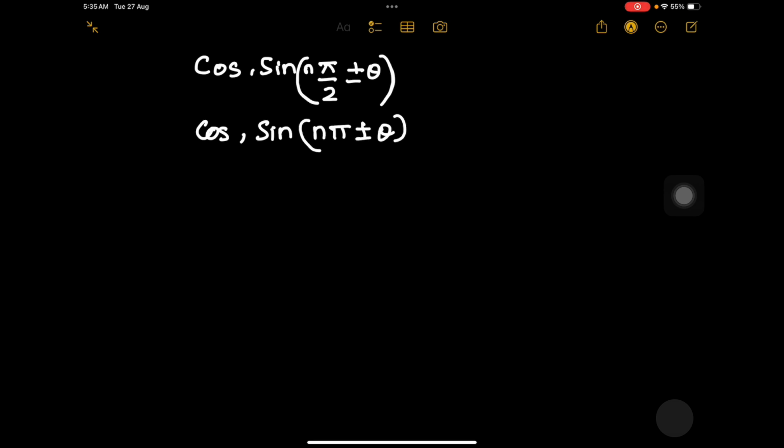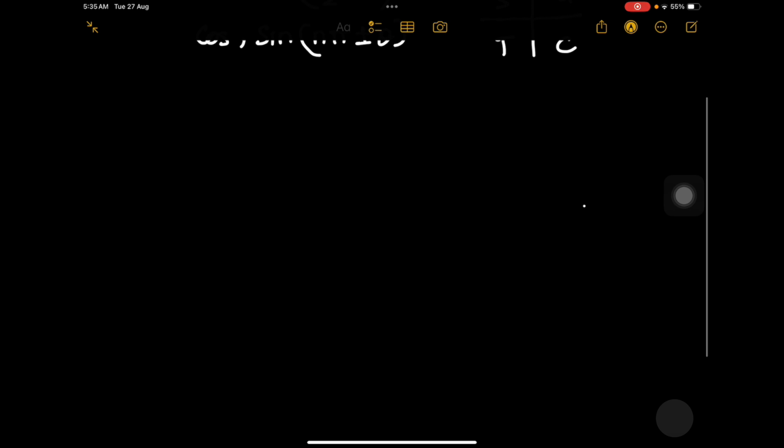So almost we can find all the values by using the reference angle, and also we have the sine trick, all silver teacup. So let's move on to an example to check whether whatever we learned is correct.